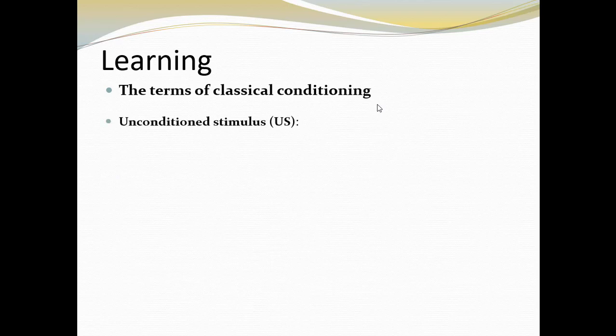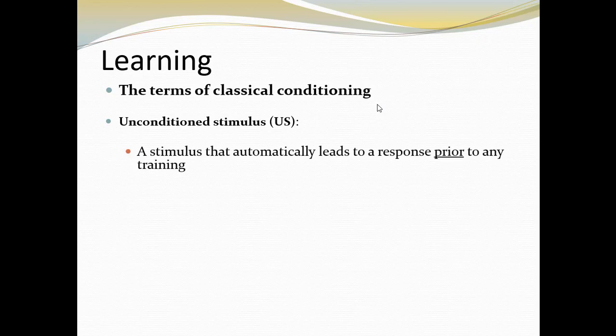The first term to talk about is the unconditioned stimulus. Now, when you see the word unconditioned, think this is something that's not learned. The unconditioned stimulus, or the US, is that stimulus that automatically, without any learning, will elicit a response prior to any sort of training.